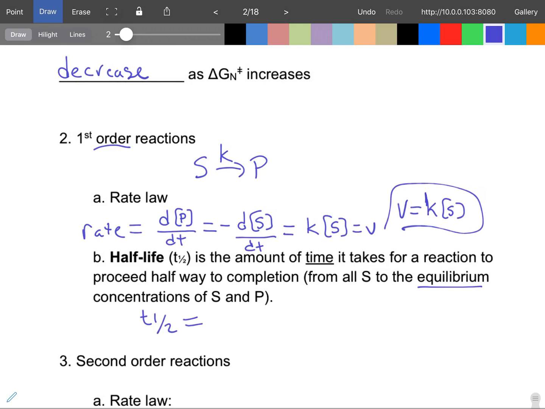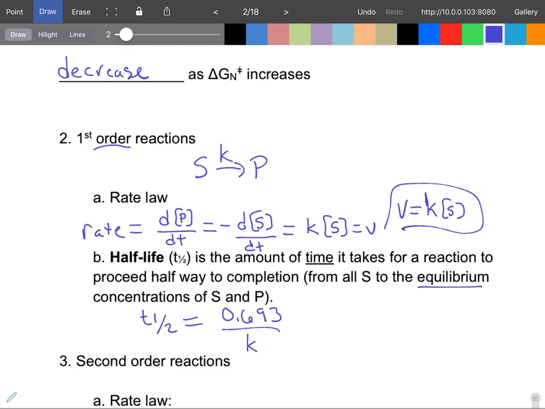The half-life turns out, we're not going to worry too much about deriving all of this. They're integrated rate laws that you may have seen before, but we're not going to do that here. It's 0.693 divided by that value K, that rate constant K. So that is, for any first order reaction, the amount of time it takes for the reaction to proceed halfway to equilibrium. Notice that the concentration of substrate is not present in that.